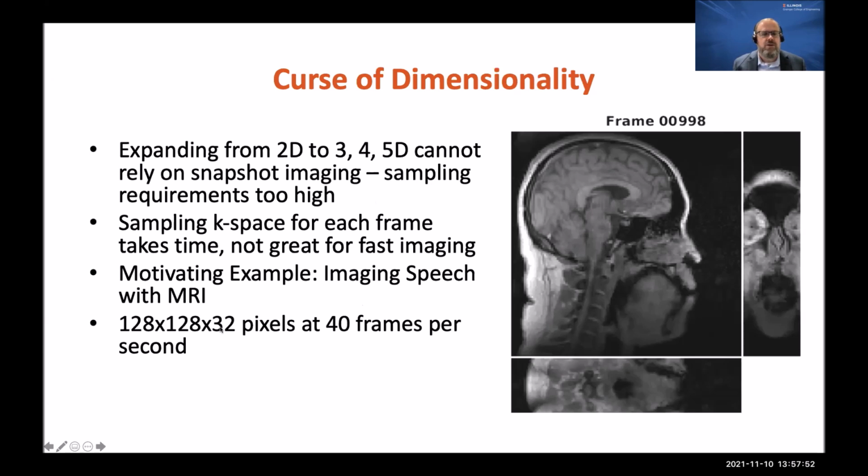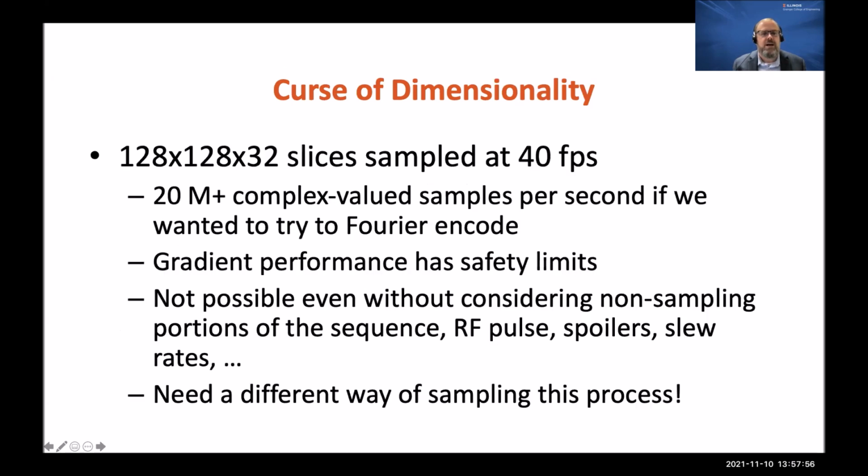But 128 by 128 by 32 pixels at 40 frames per second means I need to sample over 21 million complex valued samples per second in order to Fourier encode at this frame rate. And that's assuming I can even get to those k-space locations. It turns out my gradients will not allow me to move that quickly, and there are physiological stimulation limits. And then in addition, I'm not just sampling the whole time. I have to excite the spins.